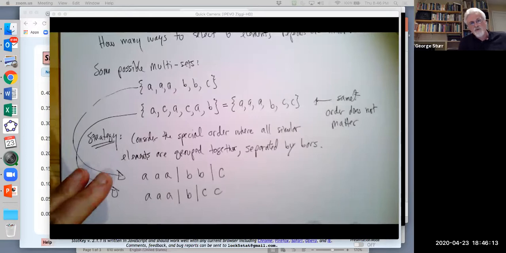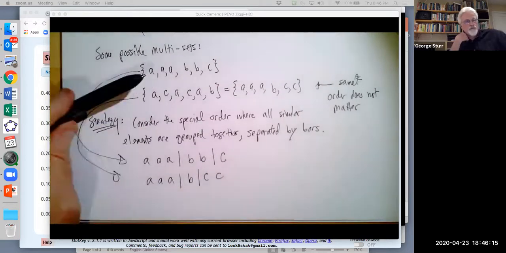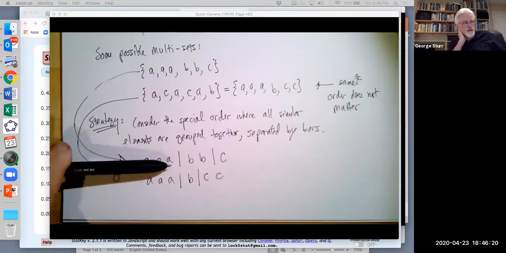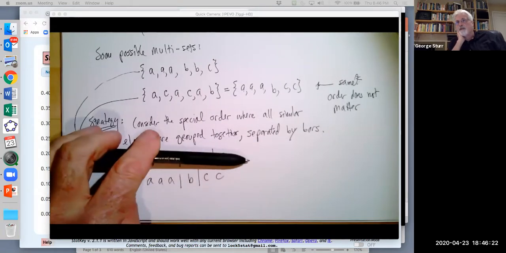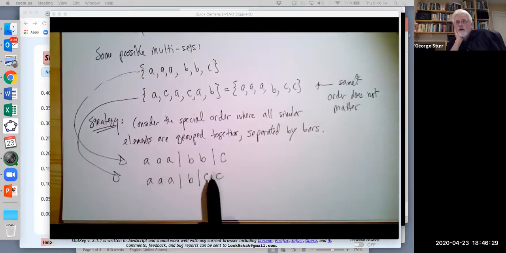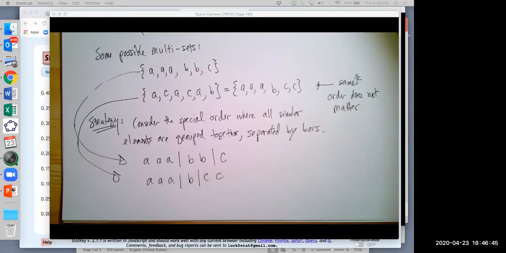Now, by this new strategy, instead of writing it in a fancy multiset way with commas, I'm writing it as basically a string of characters, where I have a character for each possible element, and I've included 2 new characters, these bars. Now, for every one of my multisets, would you agree I'm going to have 2 bars? Yes.